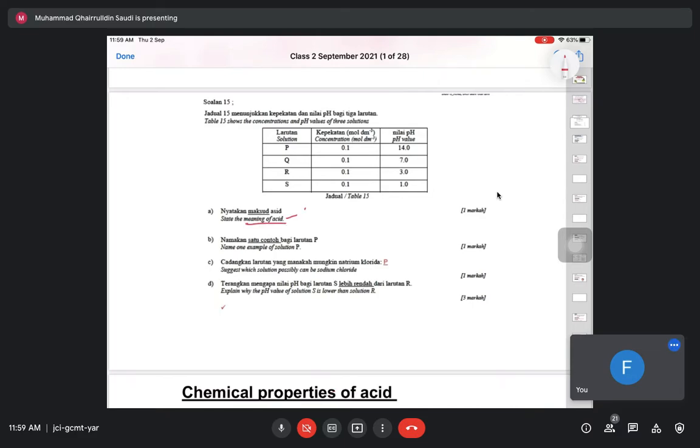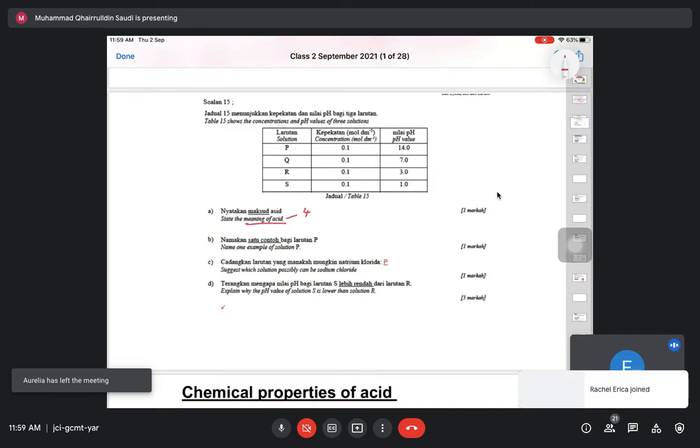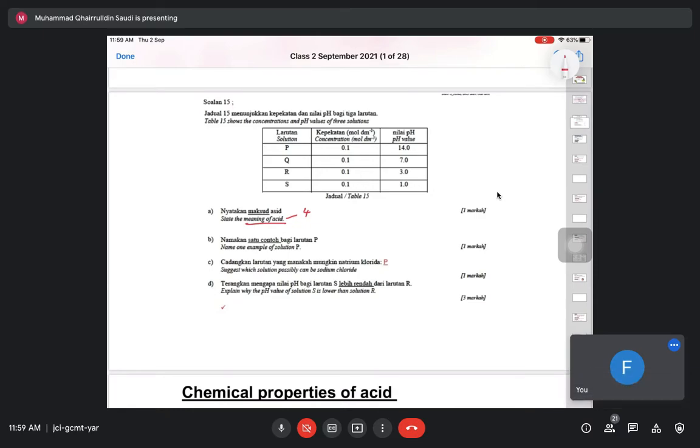Like I said, we should have these four conditions. What are the four conditions to be an acid? The first one: chemical substance. Good, chemical substance.